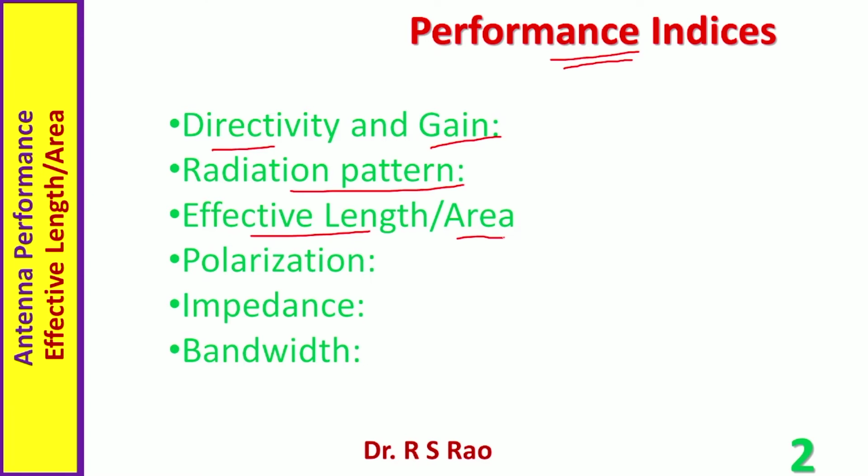Now we are going to discuss these two. Polarization, this we also consider in the present session. Impedance, bandwidth, these are all aspects which indicate the performance of an antenna. This is not a complete list.